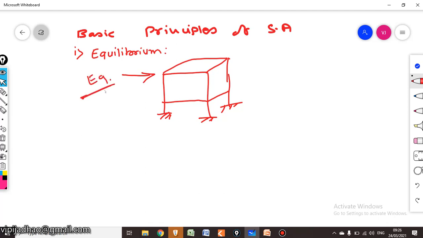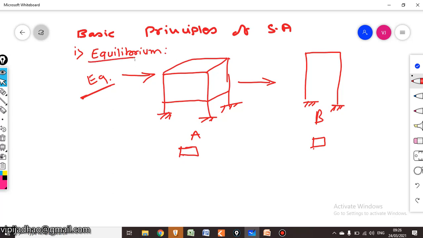If no equilibrium reaction is provided by the structure, what will happen? This particular structure will move from position A to position B. Would it work for your house to be in one place today and in a different place when you wake up tomorrow? This is not acceptable.